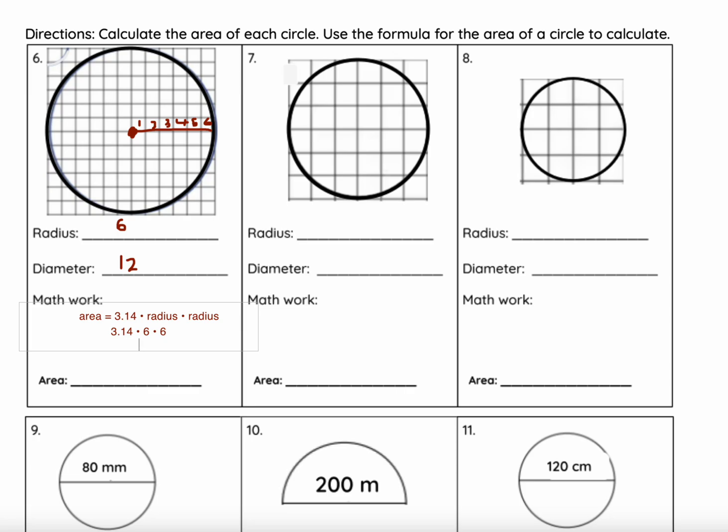And when I put that in my calculator, 3.14 times 6 times 6, I get 113.04.